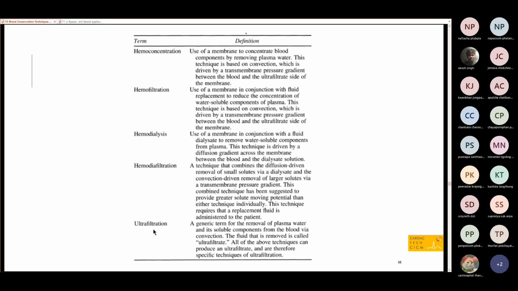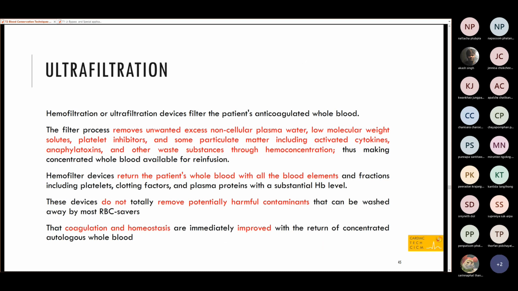Okay. For our aims, we can apply ultrafiltration. That means filtration a lot during the CPB process. Okay. So we're gonna focus on ultrafiltration. The process is to remove unwanted excessive non-cellular plasma water and any substance out from the main circulation fluid.